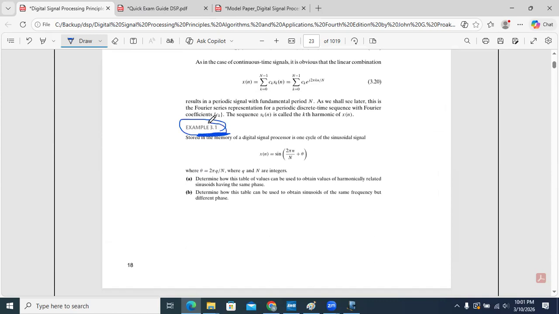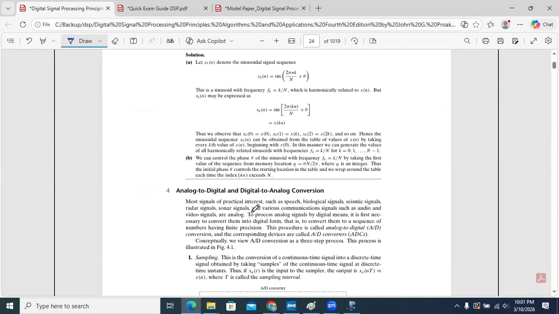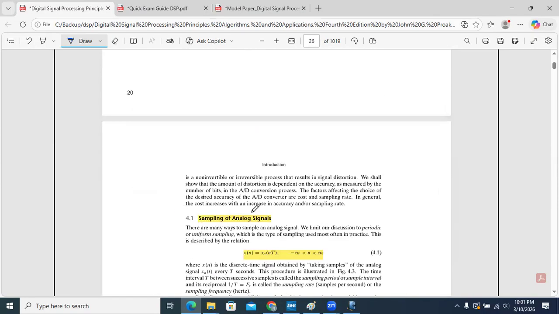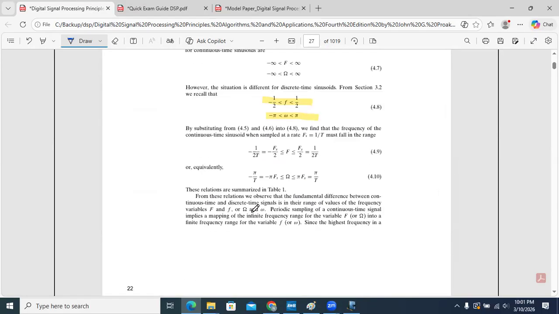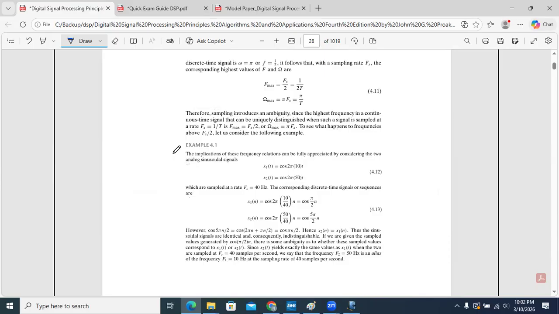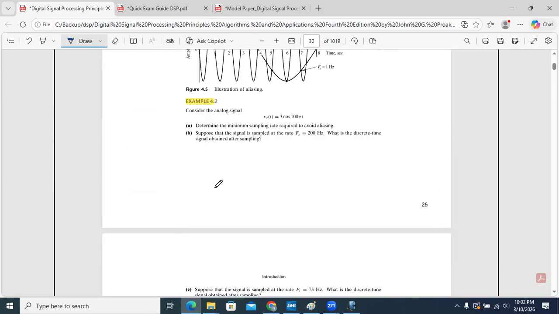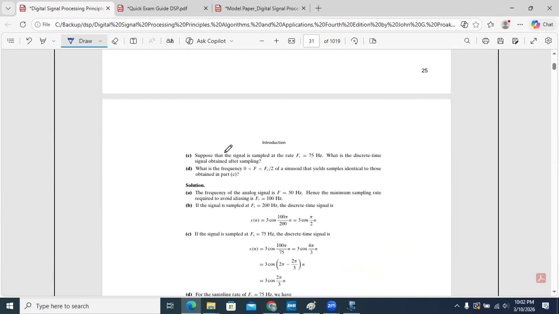Do this one also, example 3.1 in the reference book, on page 18. And I think I have asked you to do from this one, example 4.1, 4.2, like this. Do those also.